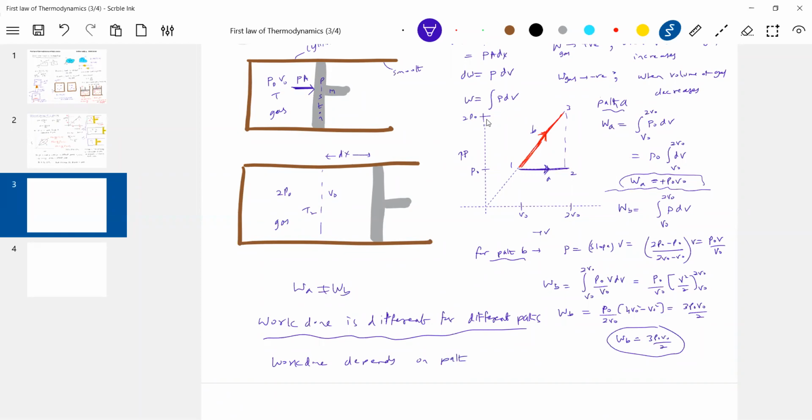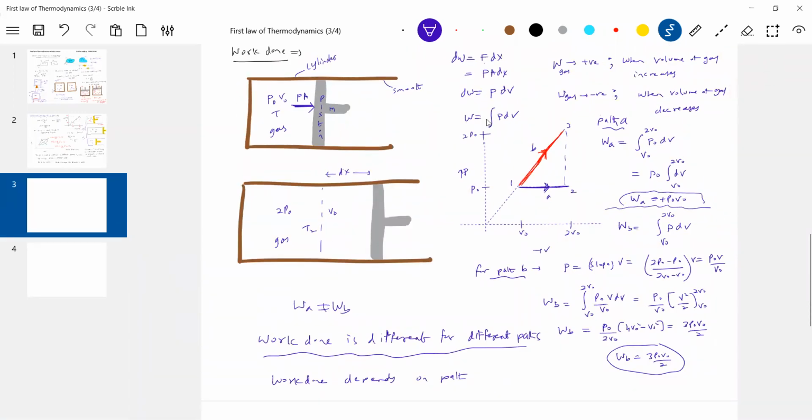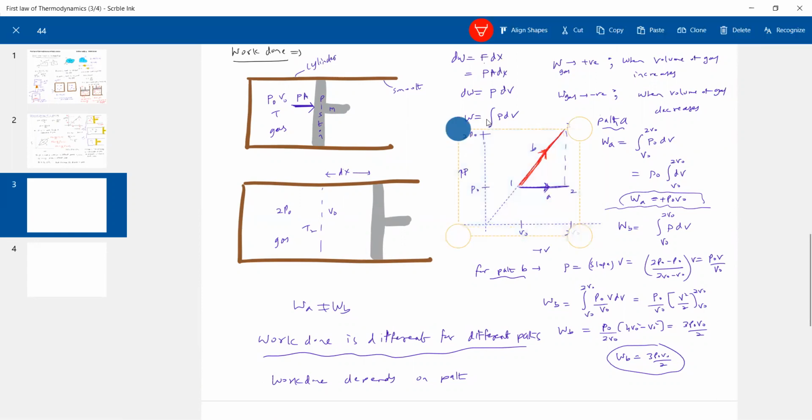Okay, this is the conclusion. Let's see some other things. With the same graph, what other things can I get from this particular graph?